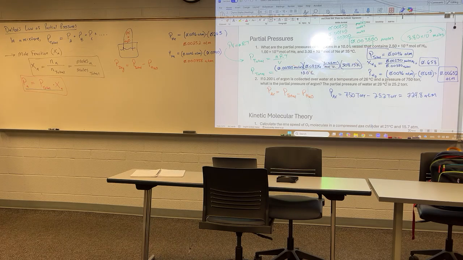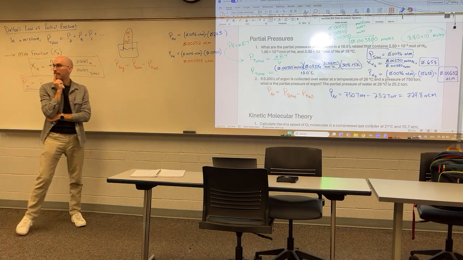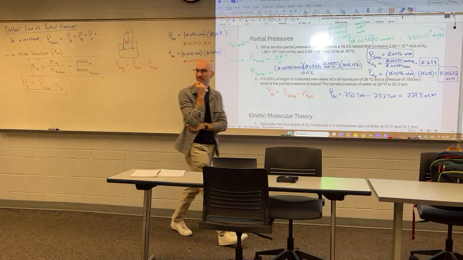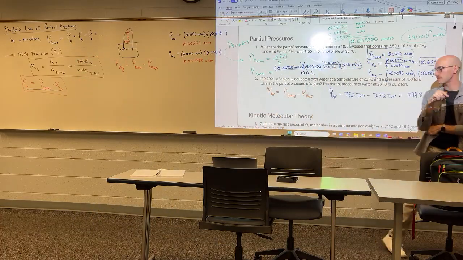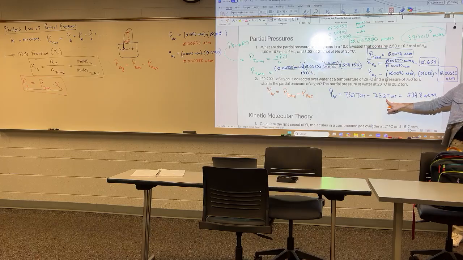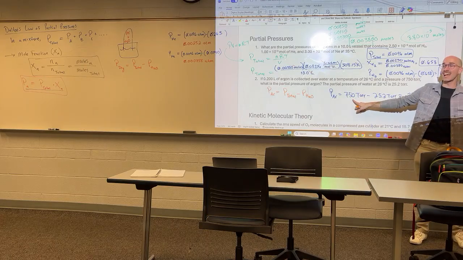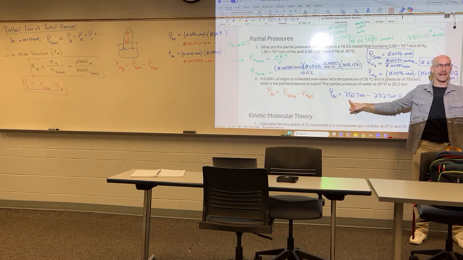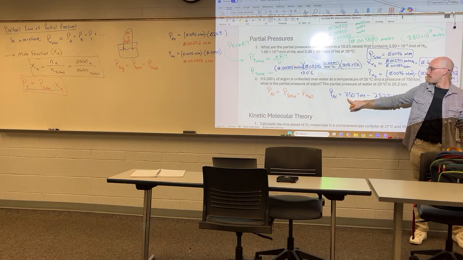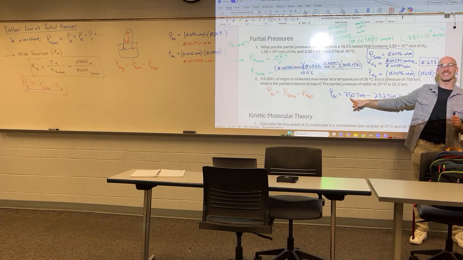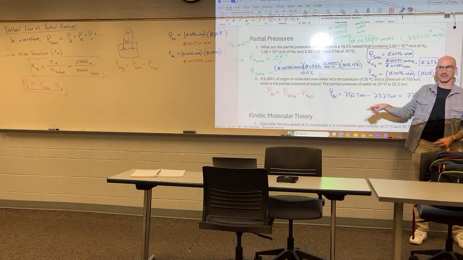Subtraction determines sig figs, so I'm left with the tenths place. Here, I get to the tenths place. That's one decimal place, if you will. This has fewer decimal places. My last significant figure is at the tens place.